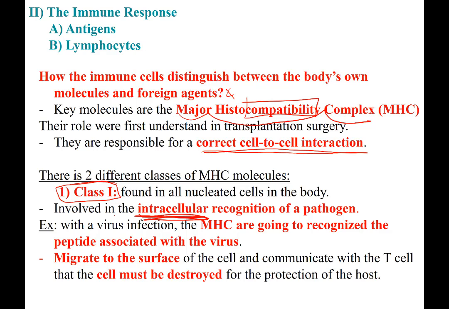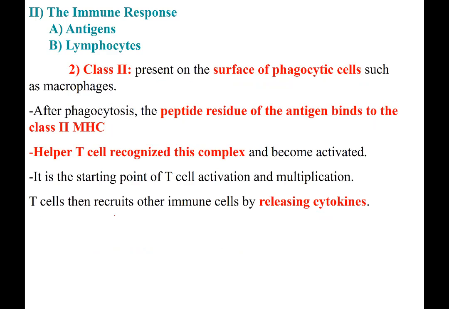So class 1 is inside of our cells. And obviously class 2 is the one we were talking about for the APC cells, the T cells, the helper T cells, the one that is at the surface of the cells on the membrane. So the ones who are directly in contact with the antigen. Okay, so just keep that as a very simple system.